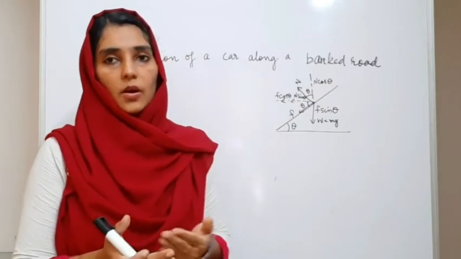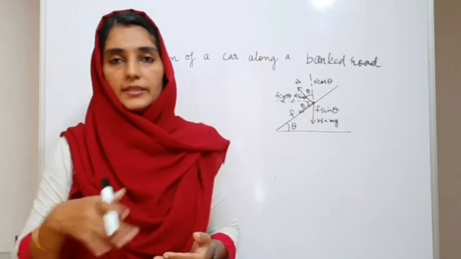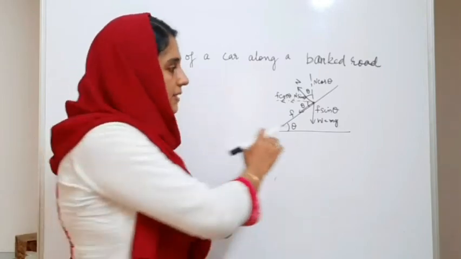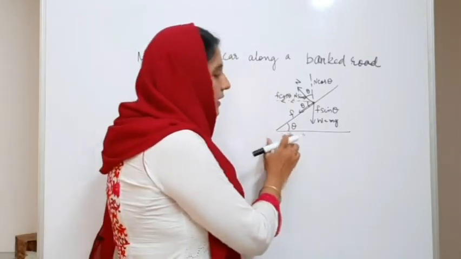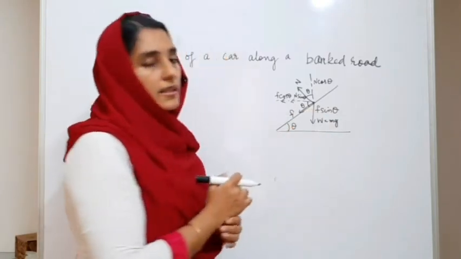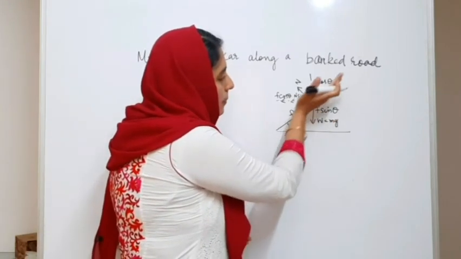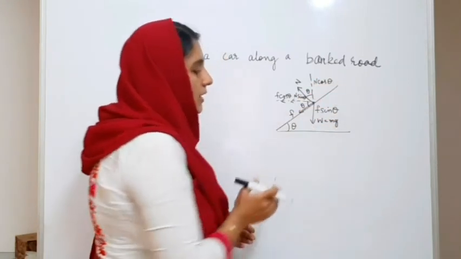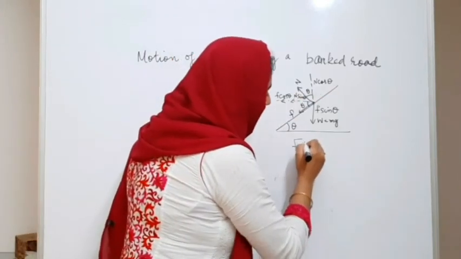It is a common experience that circular paths are banked at a certain angle with respect to the horizontal, and this theta angle that the outer edge makes with the horizontal is known as the angle of banking. So I have shown the free body diagram for this.